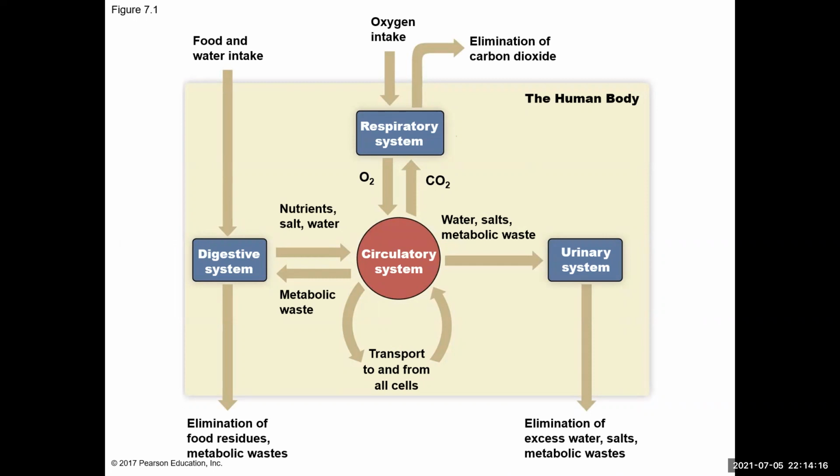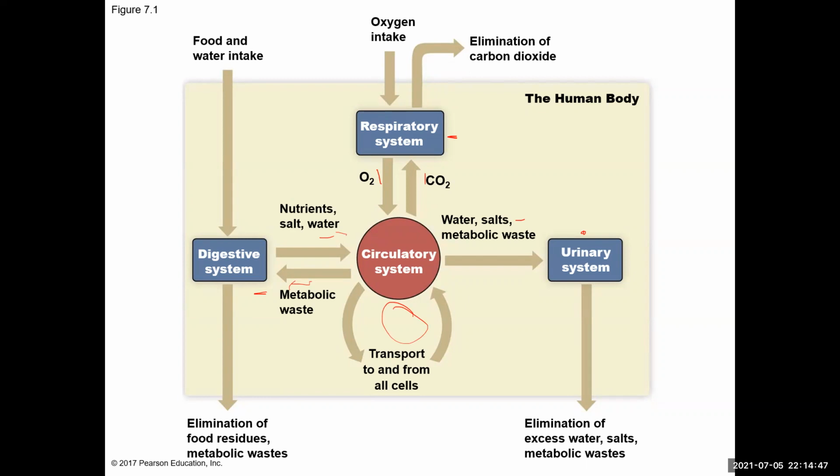You see where it interacts with the respiratory system with exchange of oxygen and carbon dioxide, the urinary system for the waste that is eliminated from the body, the digestive system where it brings in nutrients, but it also gets rid of metabolic waste. And then it transports all of those things to the different cells. And so, again, the circulatory system is constantly interacting with several different organ systems throughout the body.